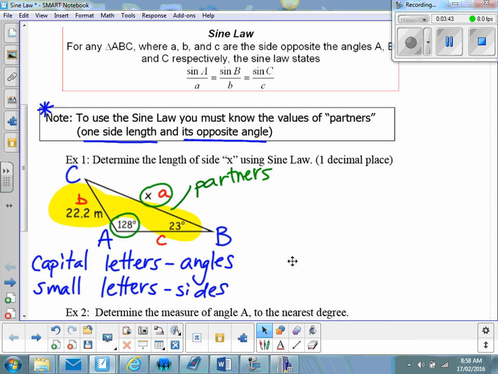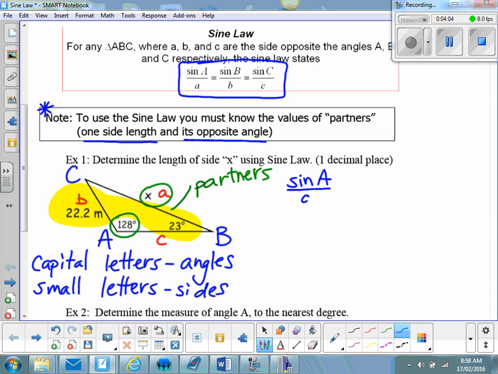And this is similar to our similar triangles work, we don't need to use all three of these ratios. In this case, we're going to use A and B because we know nothing about angle C or side C. So I'm going to write down sine A over A and sine B over B.